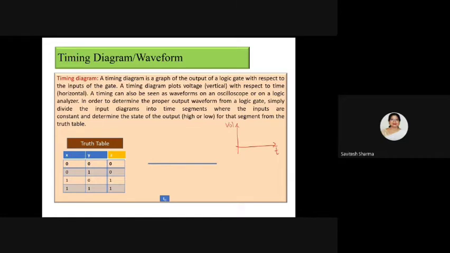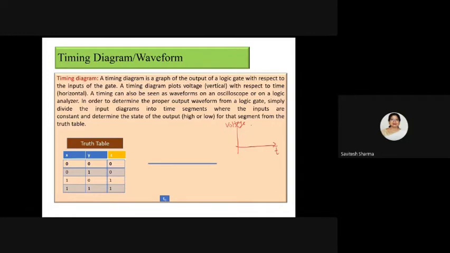So this is another way to express the relation between the input variables and the output variable. If you want to show it, you can use a timing diagram or waveform.